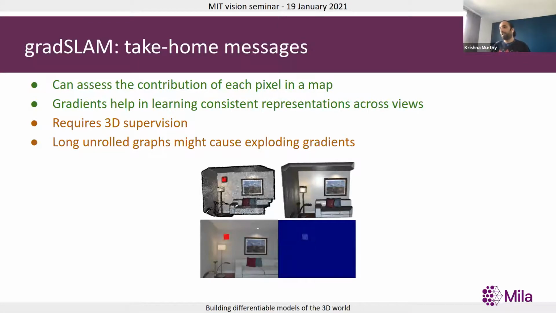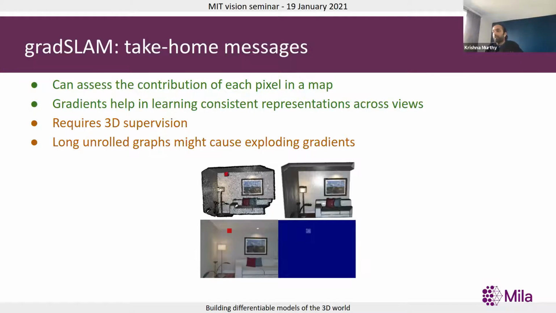So if you looked at the pipeline, we need these clean looking 3D reconstructions to be able to supervise and then backprop all the way. And the other thing is there are long unrolled graphs at times when you have 100 frames of video. You can't effectively backprop through all of those frames. There are also memory requirements, and there are issues with the quality of gradients themselves.